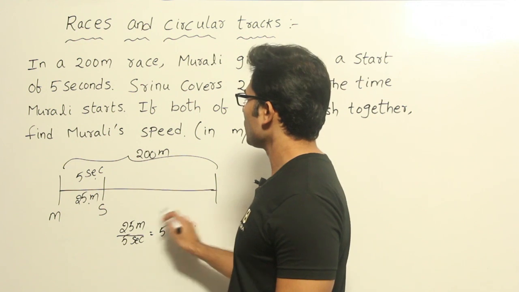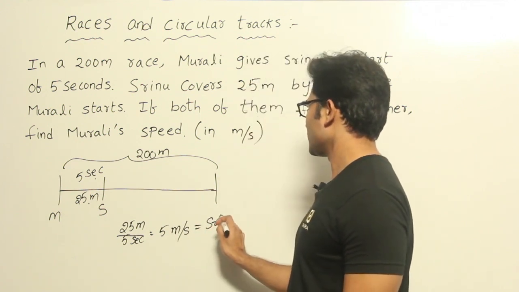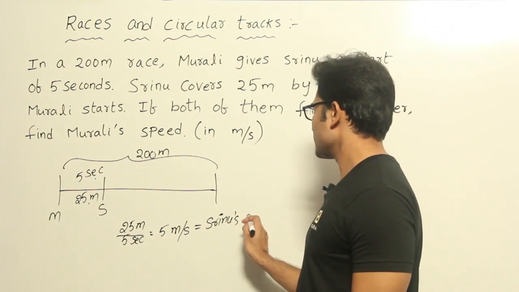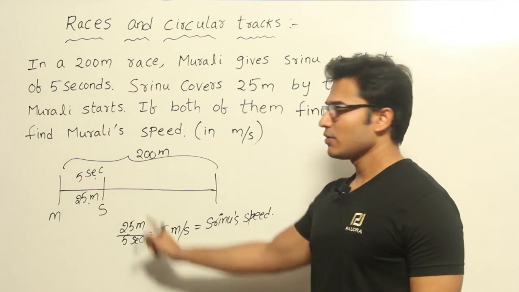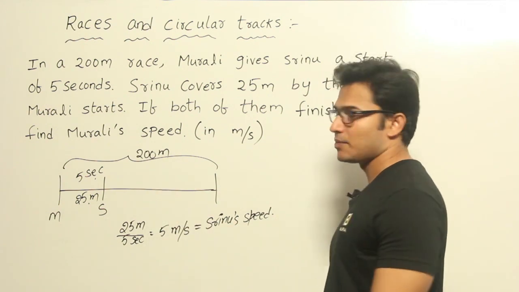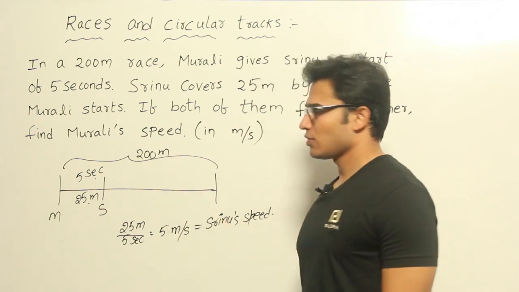So that is the speed of, let's say Srinu, not Murali. This is Srinu's speed. Now they are saying that both of them are able to finish the race in the same time. Now let us see how much time Srinu took to finish the race.